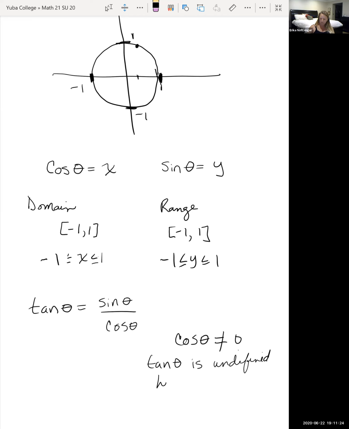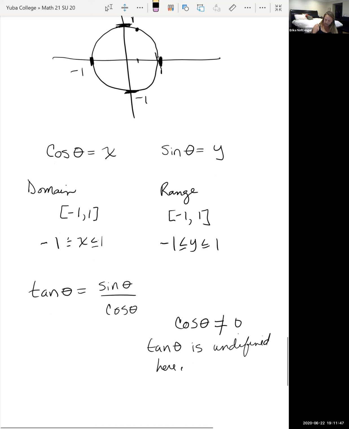So let's think about it. Our x value is 0 here and here on our y-axis. So if we think of it with angles, that's at 90 degrees, that's at 270 degrees, or that is at pi halves, 3 pi halves. So theta can't be any of those.